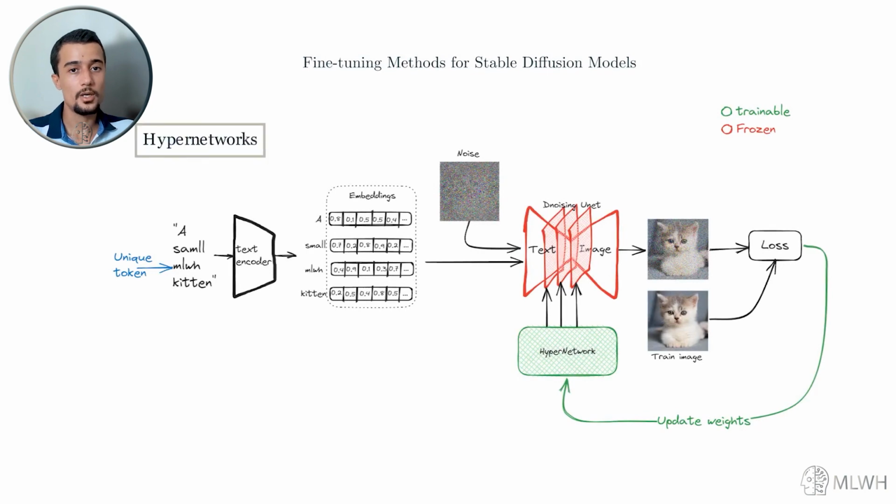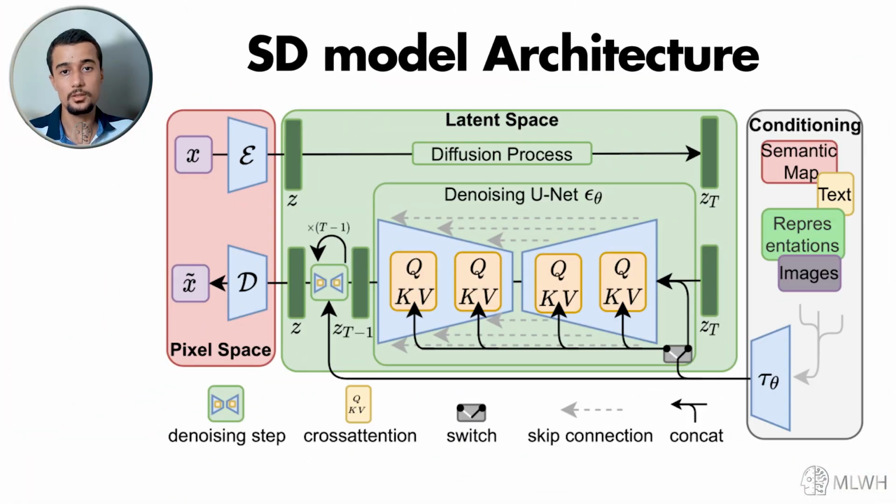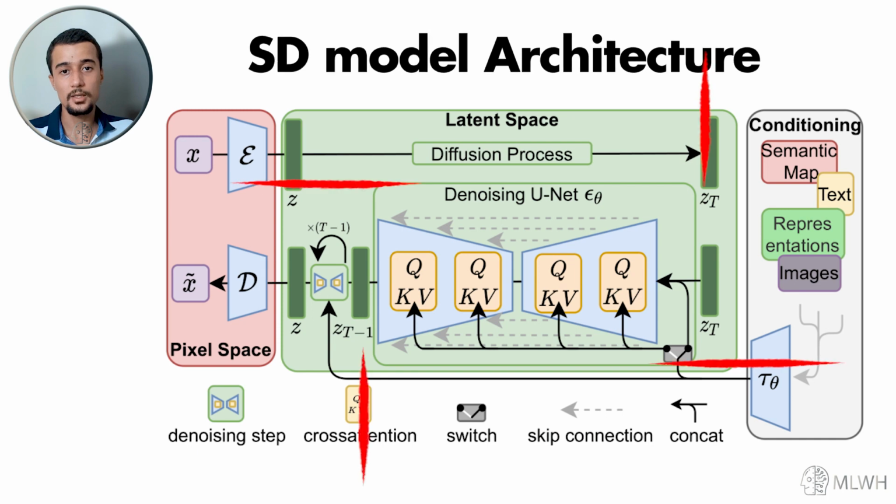Hypernetworks are neural networks that are trained to act upon the input of the cross-attention layers to make it understand and be able to generate new concepts. As you can see here, for Stable Diffusion models, we always start with a random noise image, and the component that is responsible for denoising this image to generate an output image for the prompt is called a U-net.